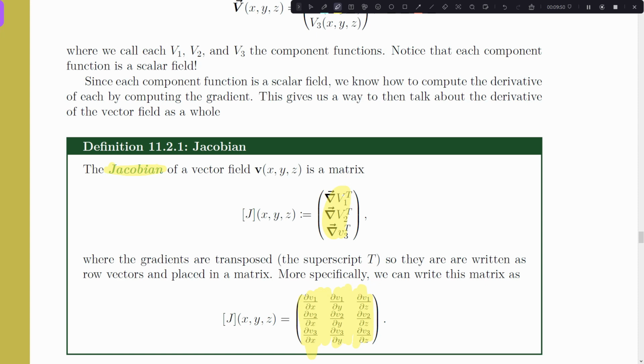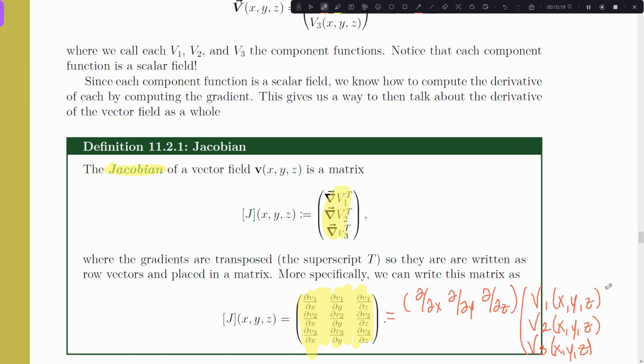So you can see now if I take, let's say this is partial x, partial y, partial z on the column vector v1, v2, v3, each respectively functions of x, y, and z. And what we get out of that is a matrix. Okay, that's not a dot product. It's an outer product. And so we gain a matrix.